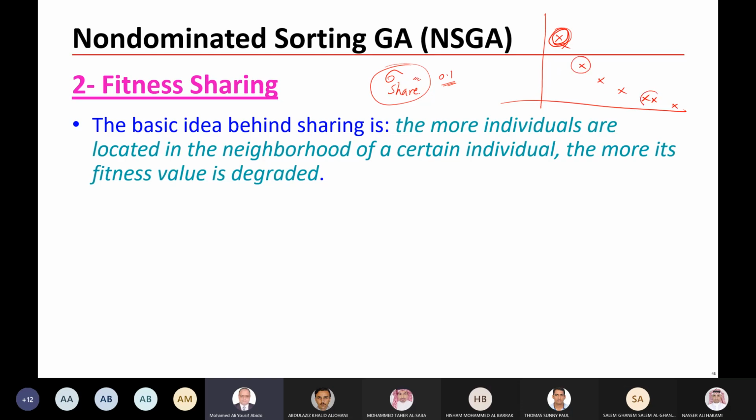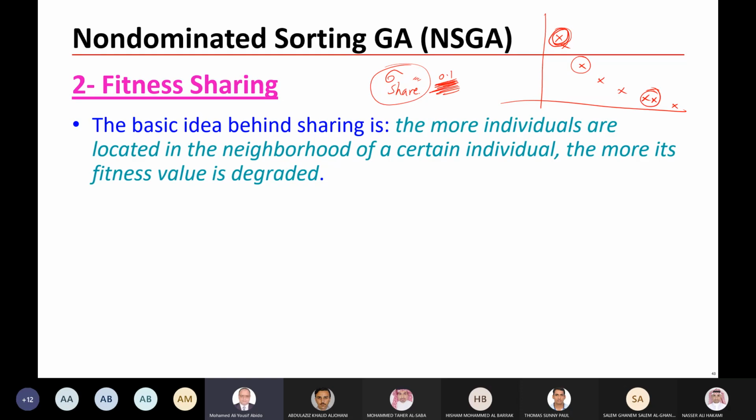If you define sigma share as 0.1 or 0.2 or whatever, this is a key parameter, and this is one of the drawbacks of NSGA, which is overcome in NSGA-II. It is subjective.